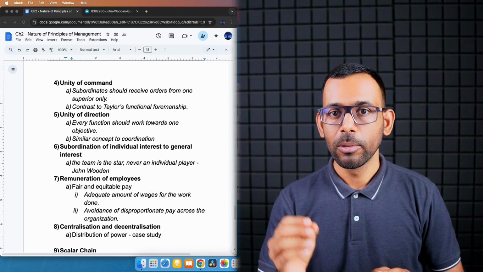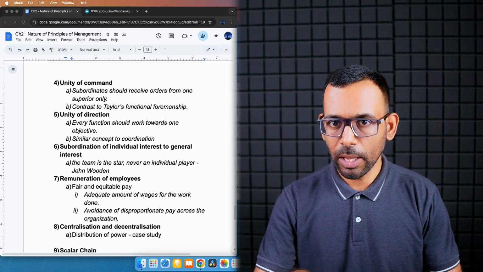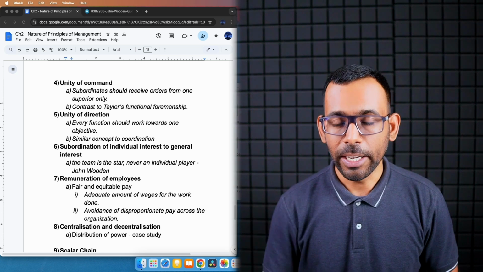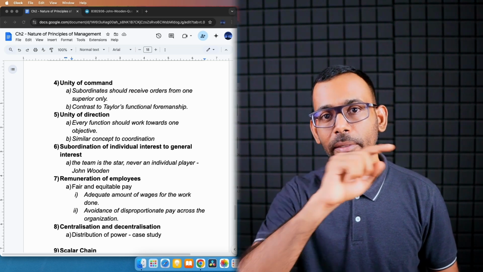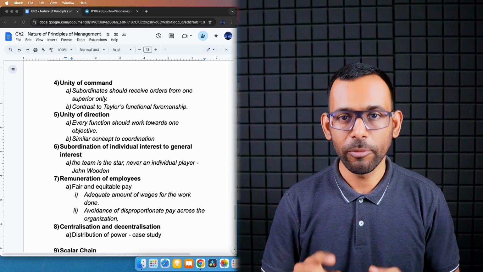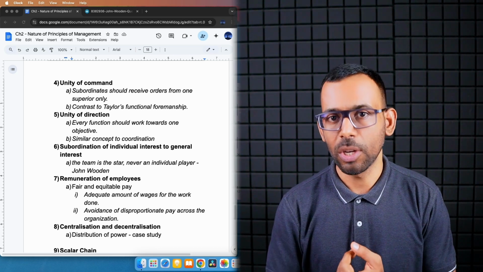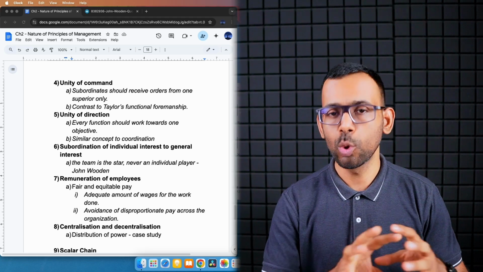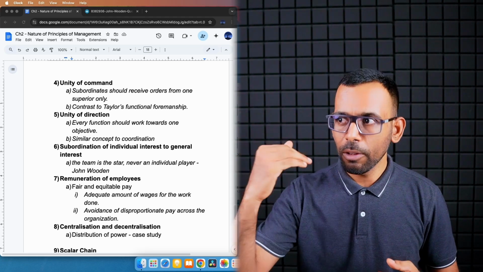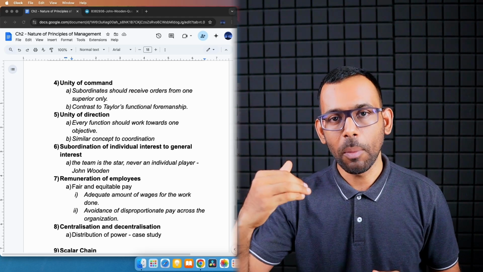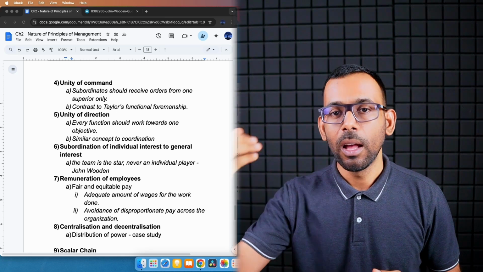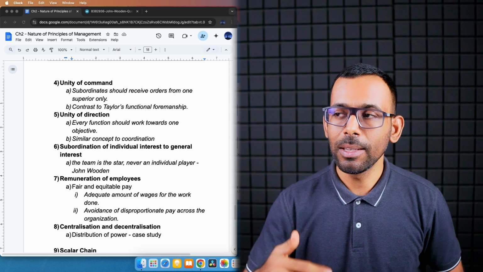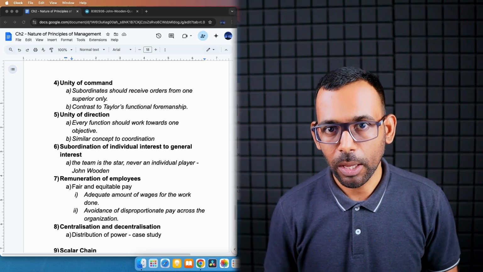That means if you are a worker inside a factory, and that factory follows Taylor's scientific principles, you will have 8 people ordering you every time. We saw many of them, right? Instruction card clerk, route clerk, gang boss, speed boss. We saw so many people. Imagine all of them having their own command and their own agenda, pushing you and pressurizing you every hour. Imagine answering to 8 people at the same time.